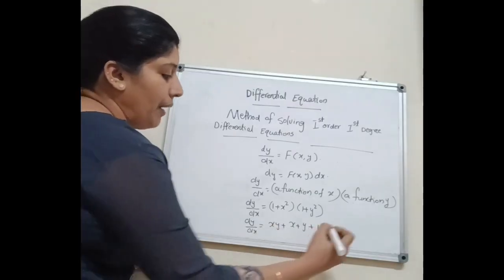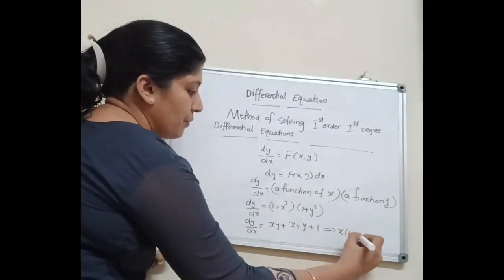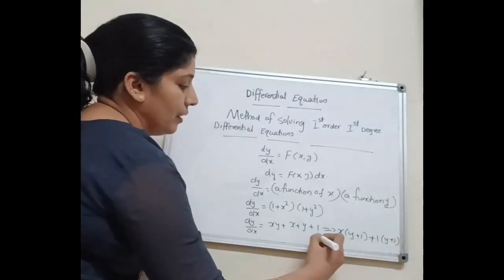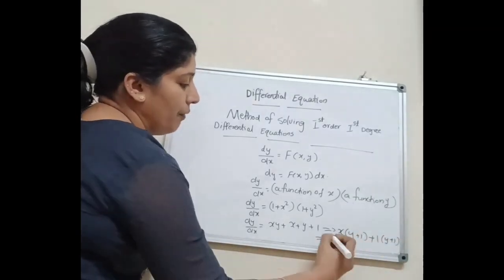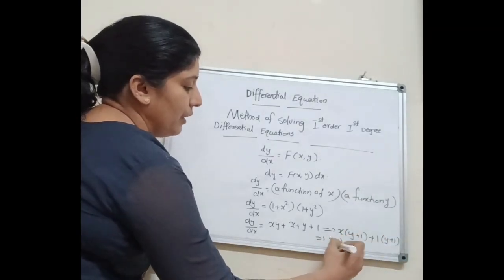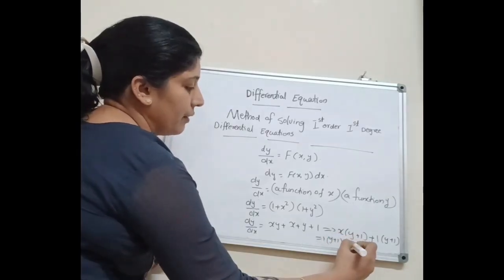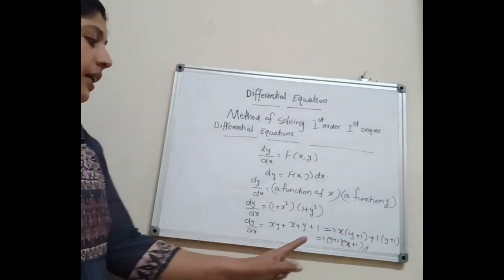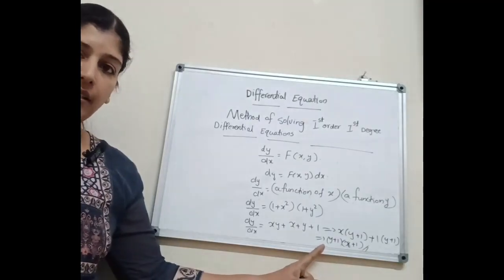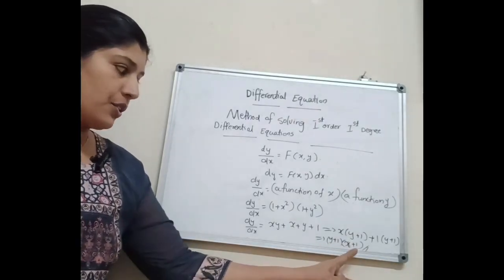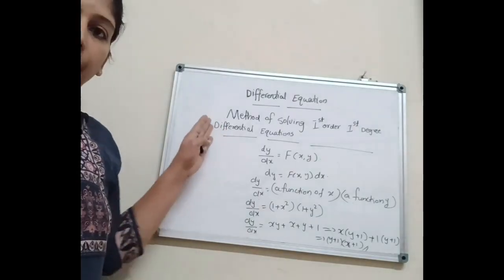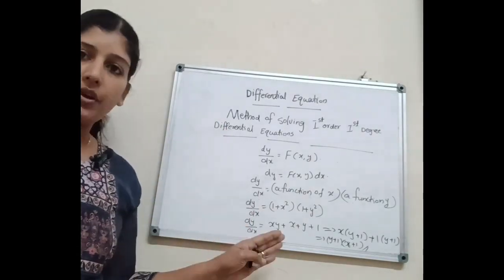Here x is the common factor, therefore x into y plus 1, plus 1 into y plus 1. That implies y plus 1 is the common factor, therefore we can take y plus 1 into x plus 1. That is of the form f of x, y, that is, a function of y into a function of x. Therefore, we have to consider this type of differential equation.